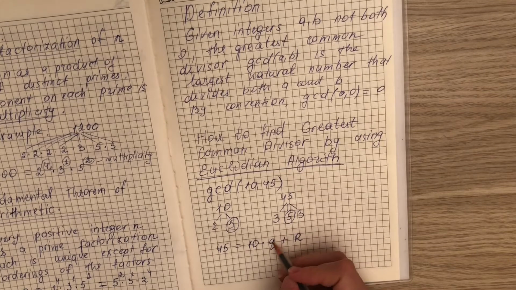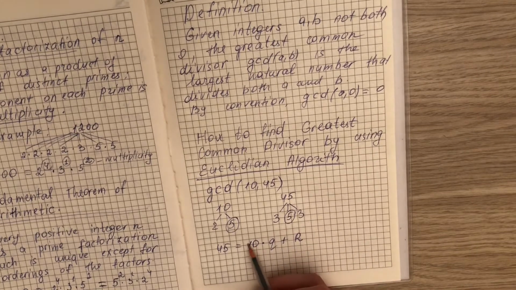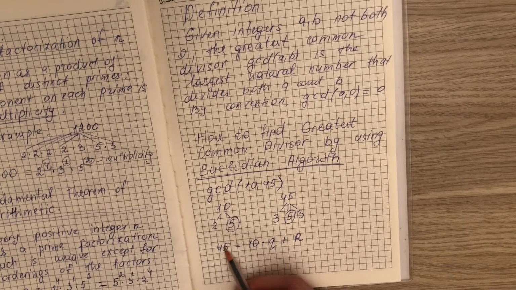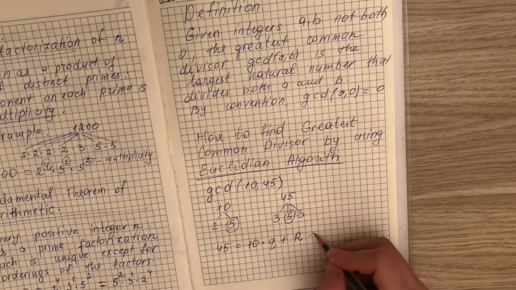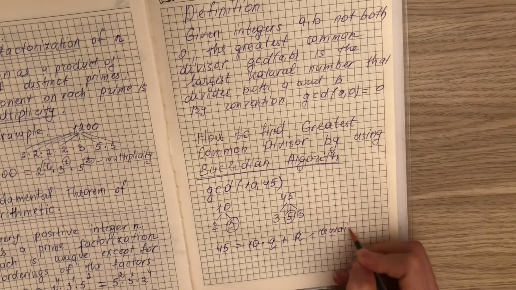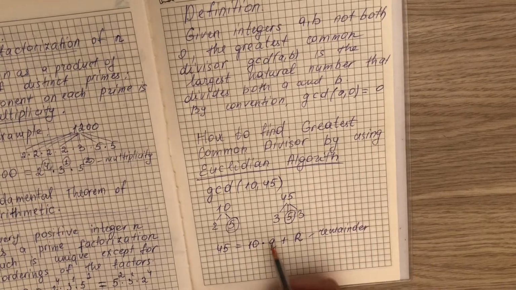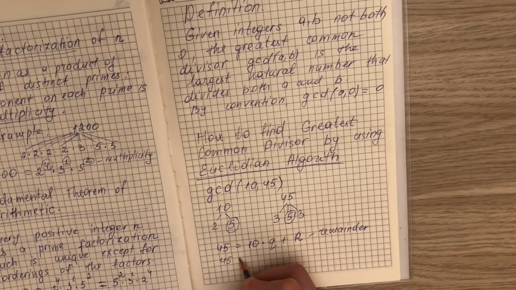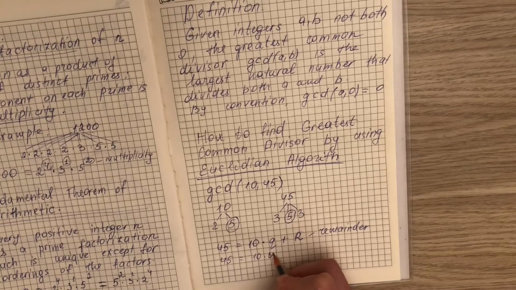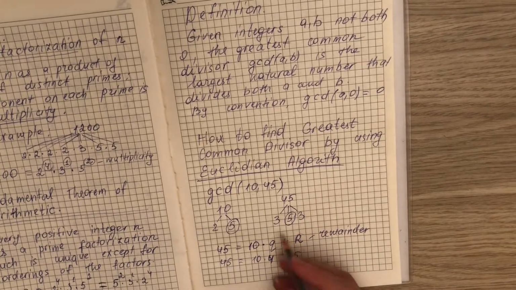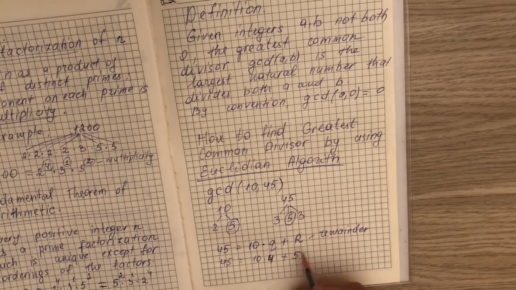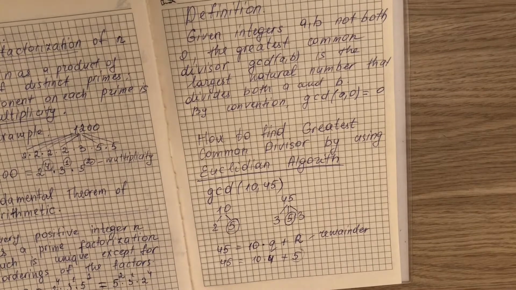Here q is how many times 10 goes into 45, and r is the remainder. Here 45 is equal to 10 times 4 plus 5, and the remainder is 5.